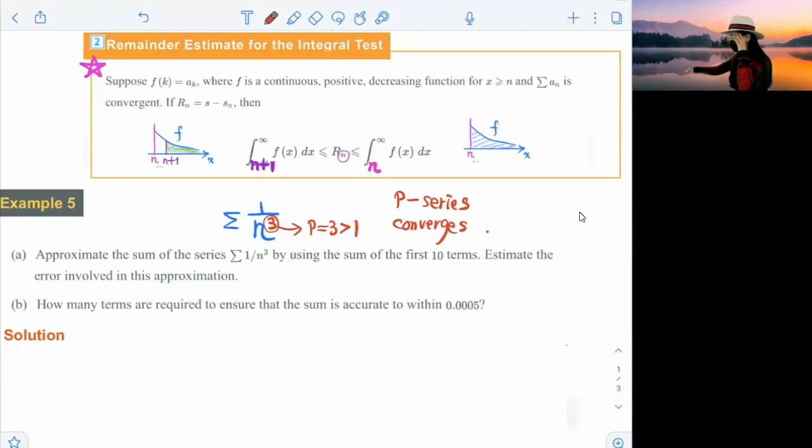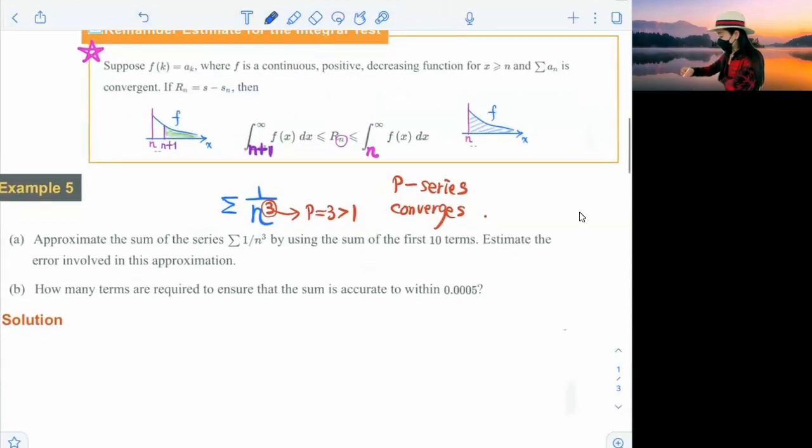Now we're going to approximate the sum. But we don't have an infinite amount of time, right? So we can't add all of them and continue forever. So we can approximate that. So this series over here is, well, what is it? Let's write down the first couple of terms.